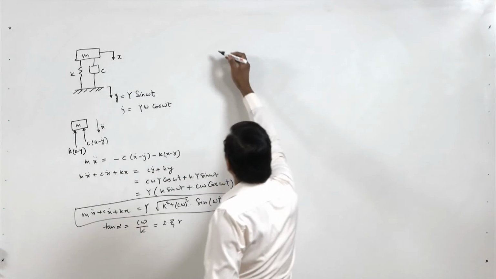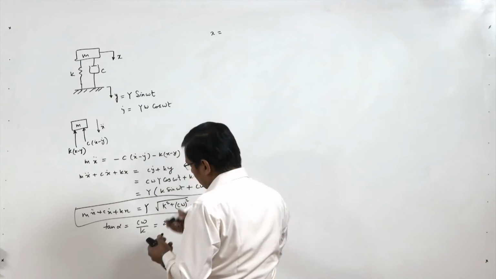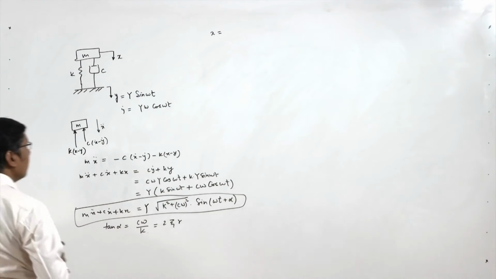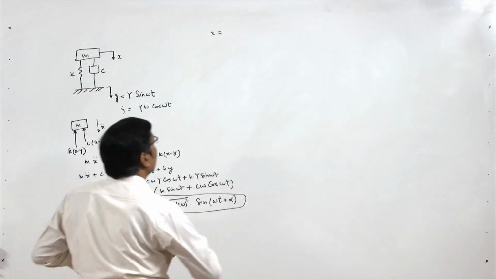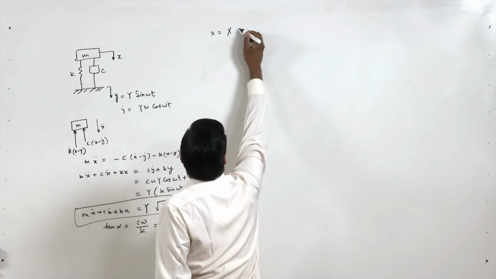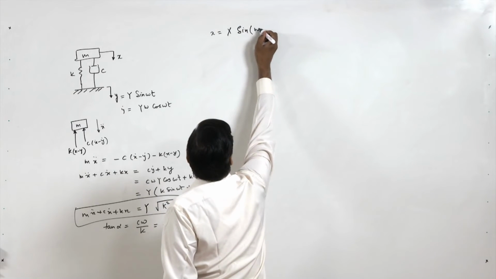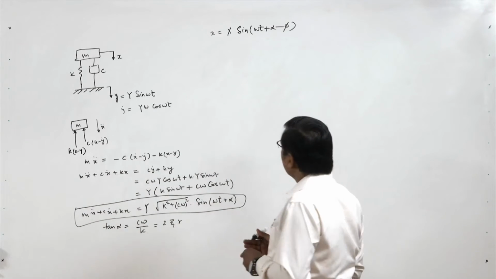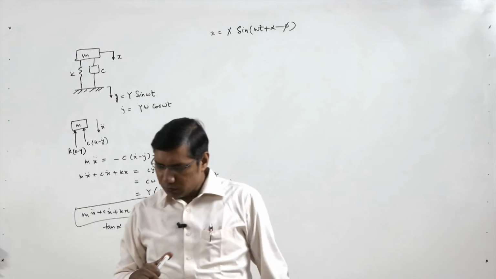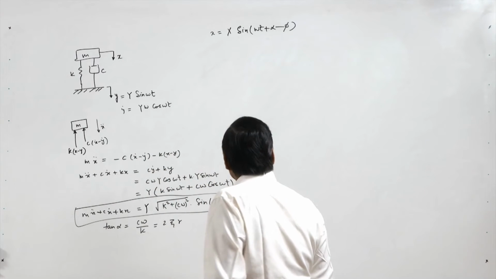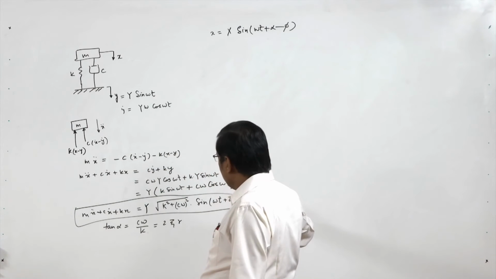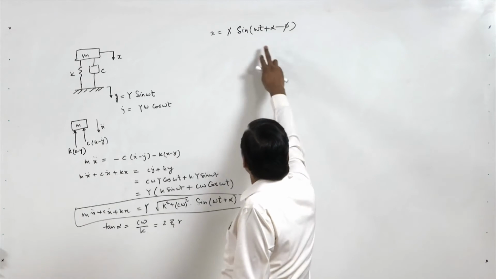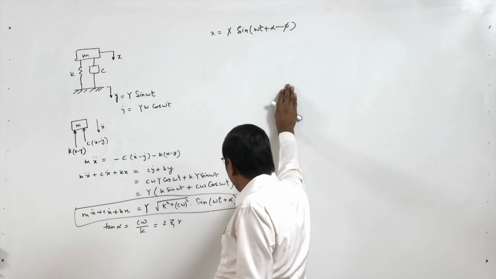Now the response x will be equal to X sin(omega t plus alpha minus phi), where again phi is the phase lag. It is the phase lag between this and the x.